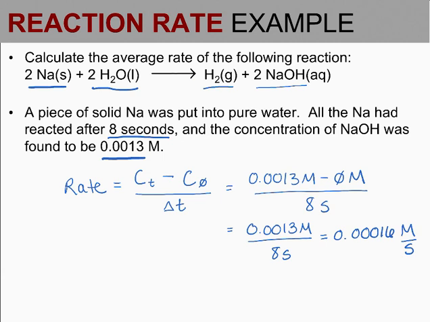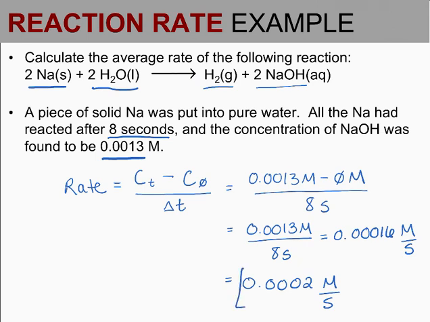Now, in terms of significant figures, how many sig figs should we have? So we were only given 1 sig fig for time, so we should probably just stick to 1 significant figure for our final answer. So I'm going to round that to 0.0002 moles per liter per second.